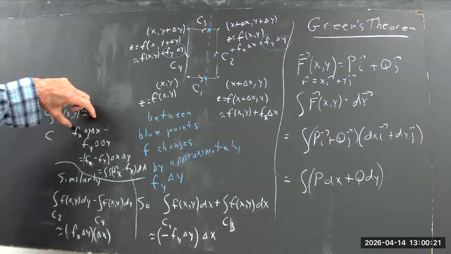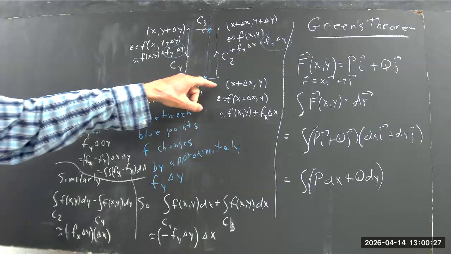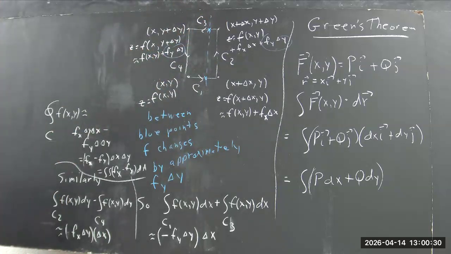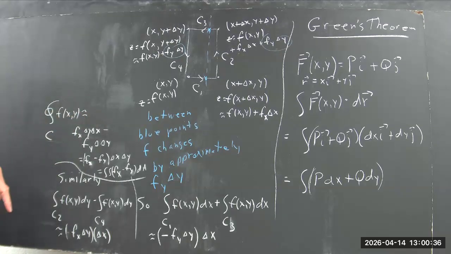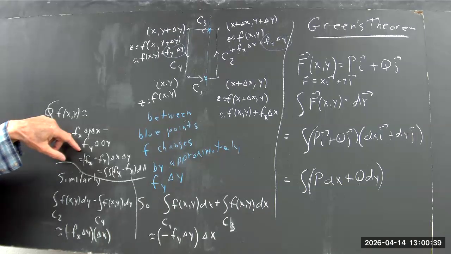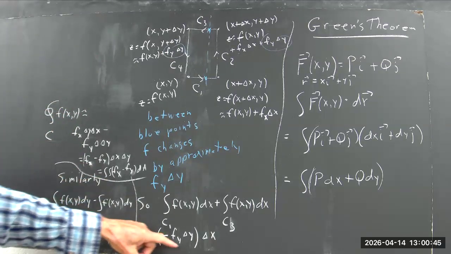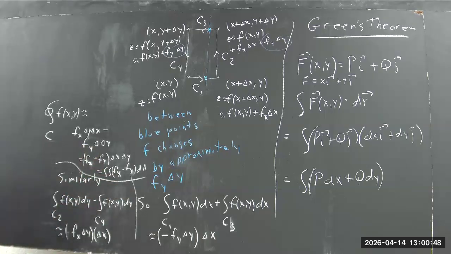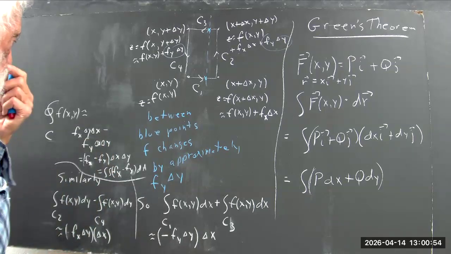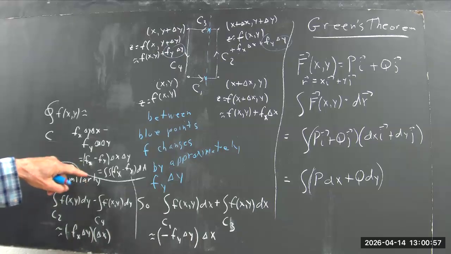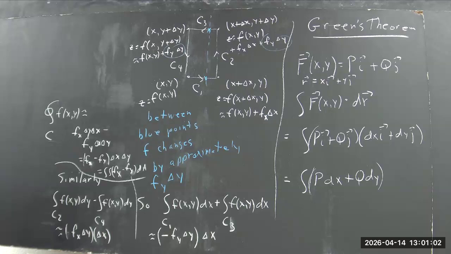You're going to have your Fx delta y delta x from the two vertical segments, the one on the right going up, the one on the left going down. It's going to give you Fx delta y delta x. The other one's going to give you negative Fy delta y delta x. So you're going to have basically Fx minus Fy times delta x delta y, which makes a certain amount of sense.